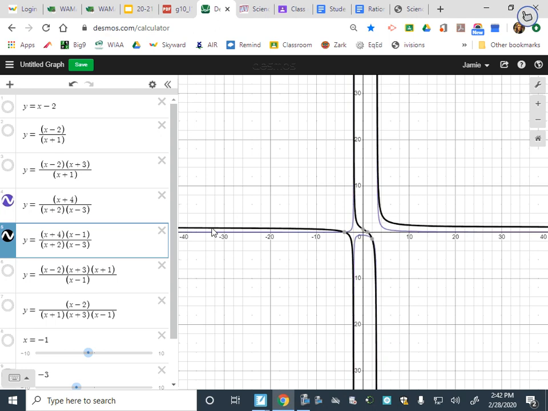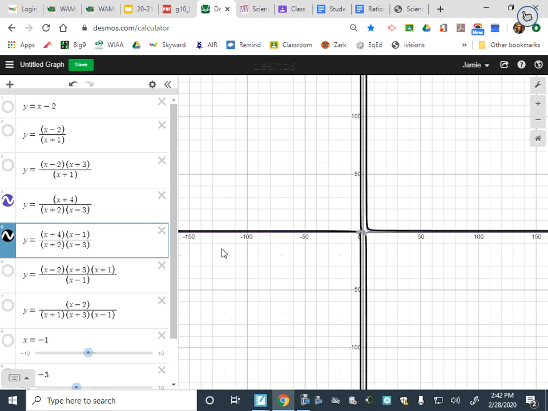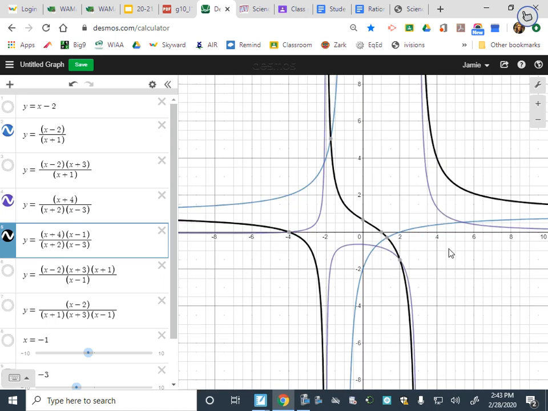Okay. We now have, the black one now has a horizontal asymptote again, and it looks like, if we go out here a ways on that, that it's getting close to 1 again. Okay. We had a previous graph, the last one we had that got close to 1 was this one up here.